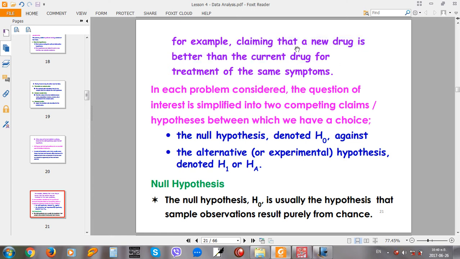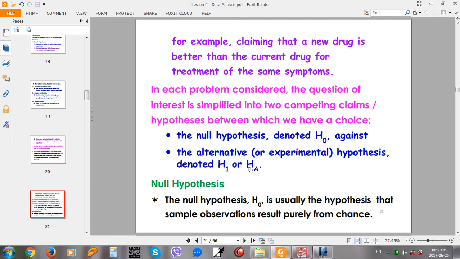Now we will consider how to write the null hypothesis and how to write the alternative hypothesis. In each problem considered, the question of interest is simplified into two competing claims, hypotheses, between which we have a choice. The null hypothesis is denoted by H naught, against the alternative or experimental hypothesis denoted as H1 or HA.